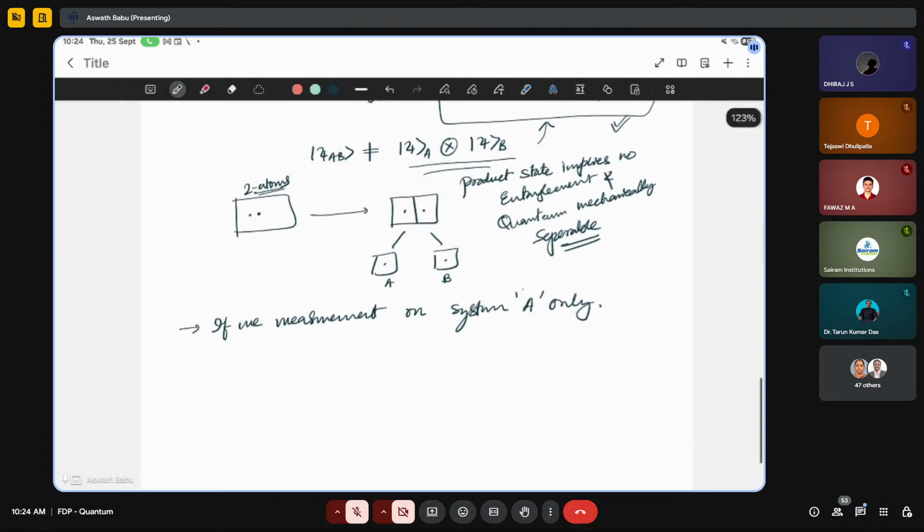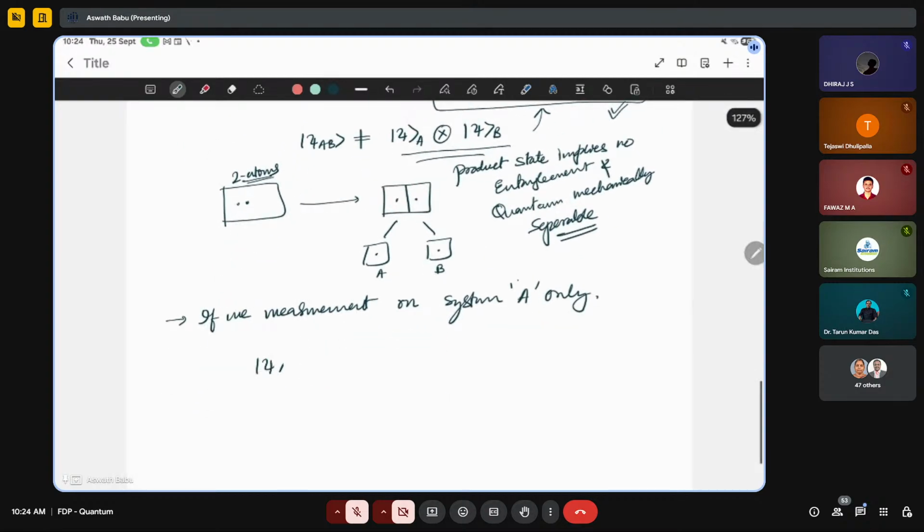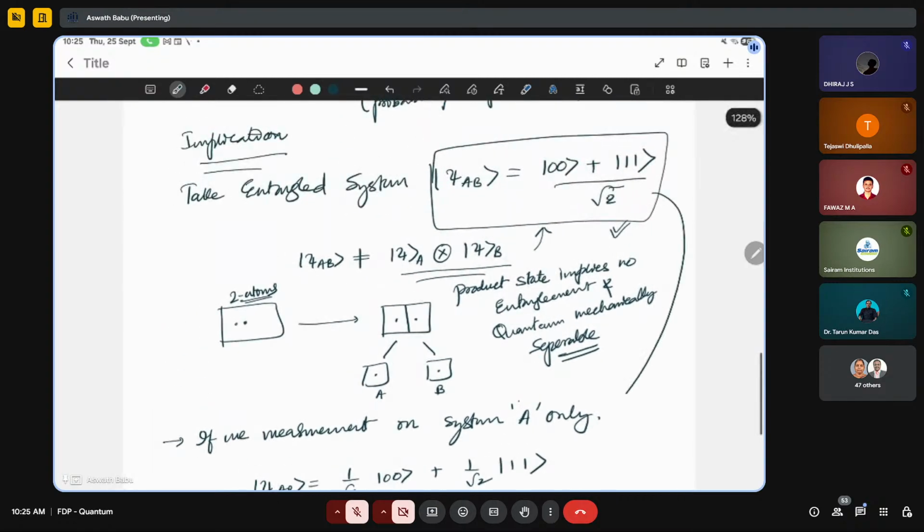The overall quantum mechanical state is like this. I am writing explicitly the same thing here.